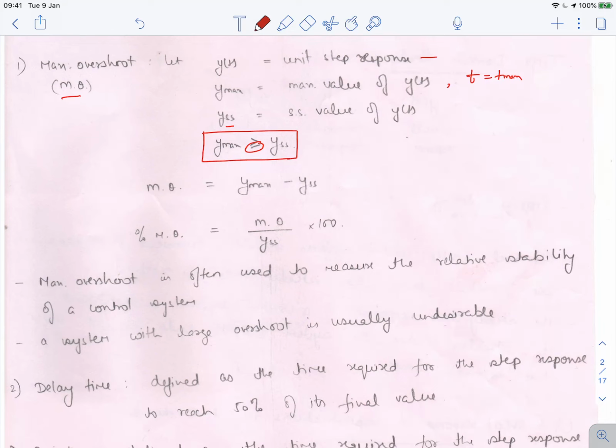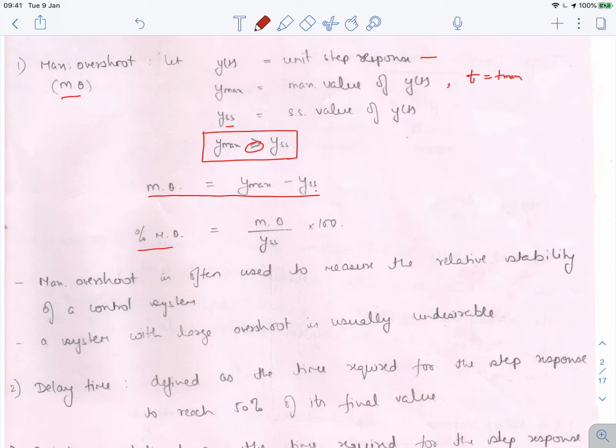Then we define the maximum overshoot as the difference between the maximum value of the response and the steady state value of the response. The percentage of maximum overshoot is y max minus yss divided by yss times 100. So this is just the percentage of the maximum overshoot.